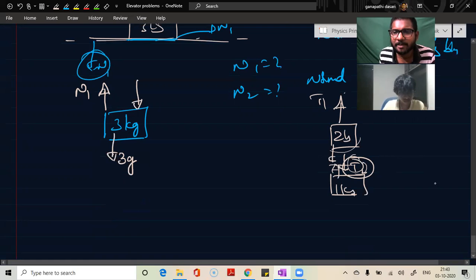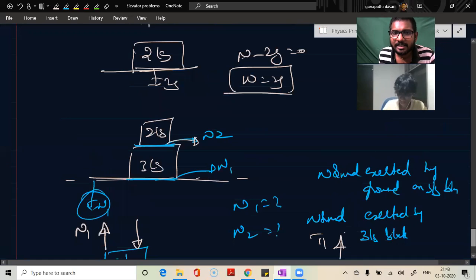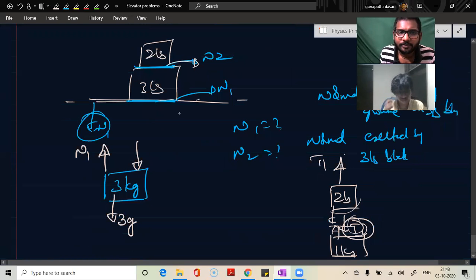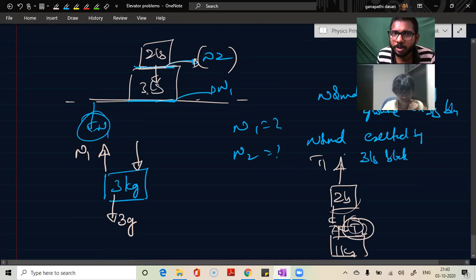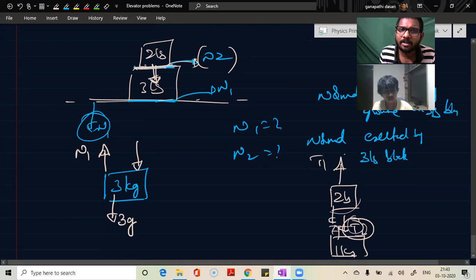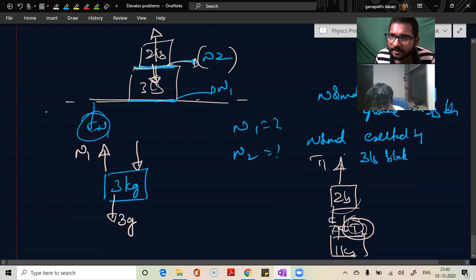Cut and pull method. In a similar manner, this normal N2 is a contact force perpendicular to the surface, and it is a push. For the 3 kg block, push means downwards. For the 2 kg block, perpendicular to the surface means push upwards.